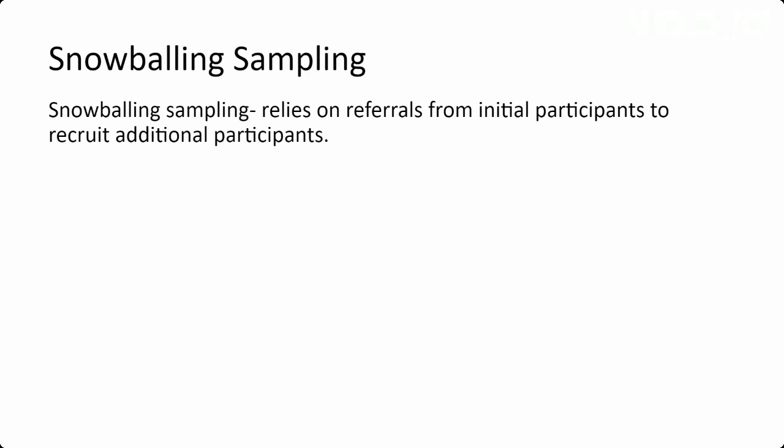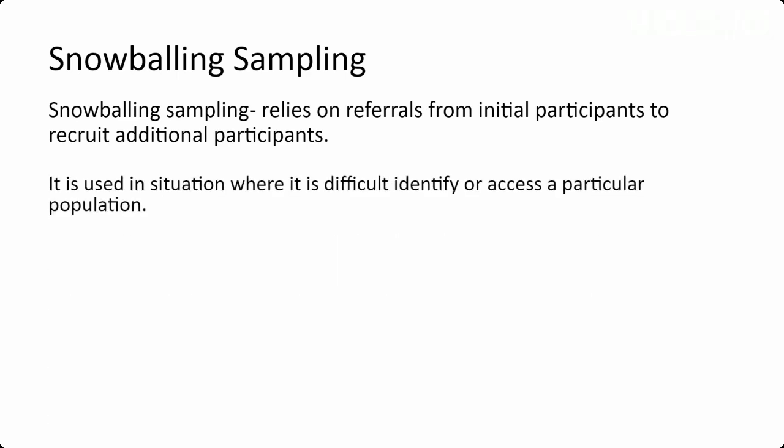It's actually built on referrals. It is mainly used where it's difficult to identify or access a particular population. If you don't really understand the particular population of your research, snowballing will be ideal for you.